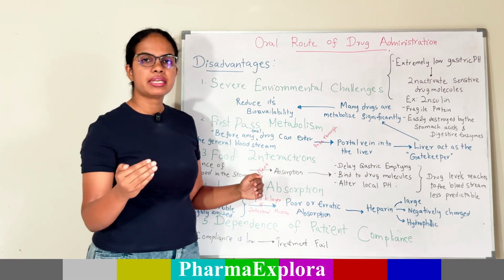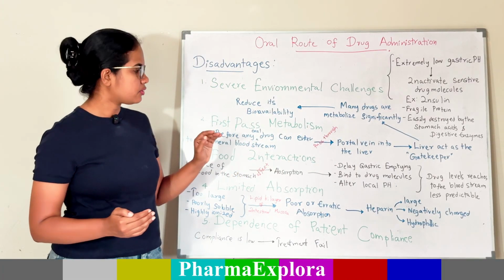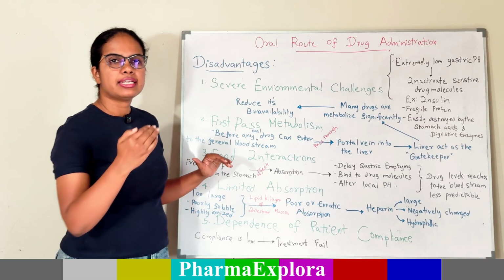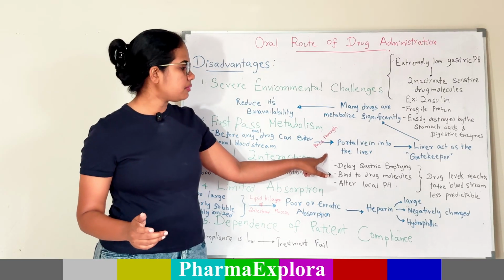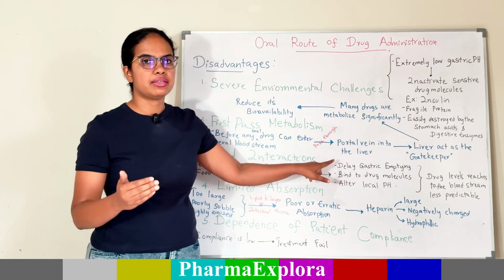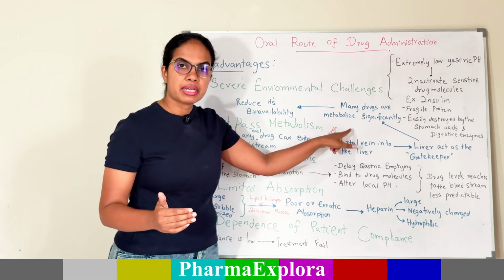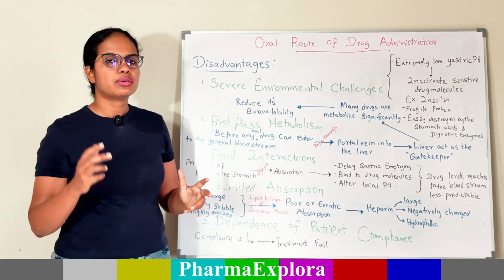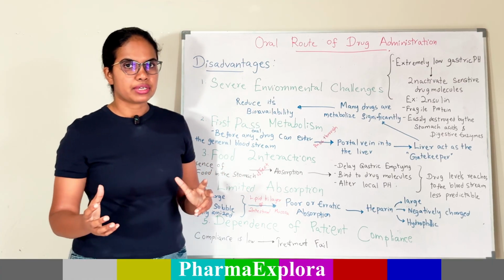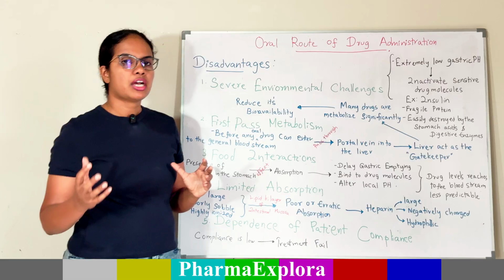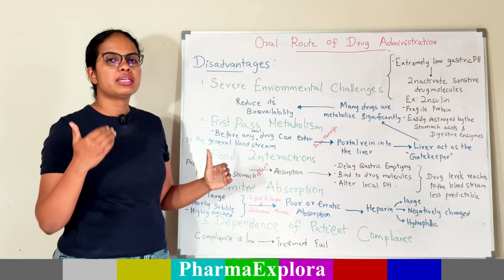Many drug molecules will be metabolized significantly in the liver, and this is significant. Because of this, the amount of drug molecules which reach the bloodstream in their intact form is reduced.